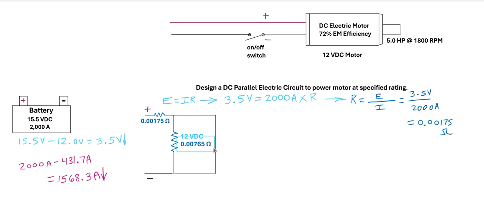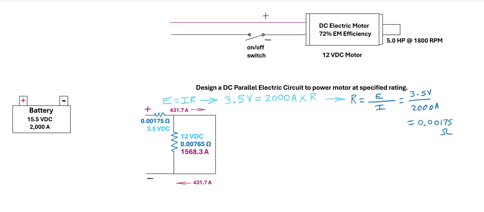Instead of using traditional analog resistors, which simply dissipate the current and voltage as heat, depending on whether they're on series or parallel, the PWM would simply send 1568.3 amps back to the source, allowing only 431.7 amps to be extracted out of the parallel circuit and flow from positive to negative. So we're positive to mid circuit and then to negative. It's back to source. Again, what goes in comes out.